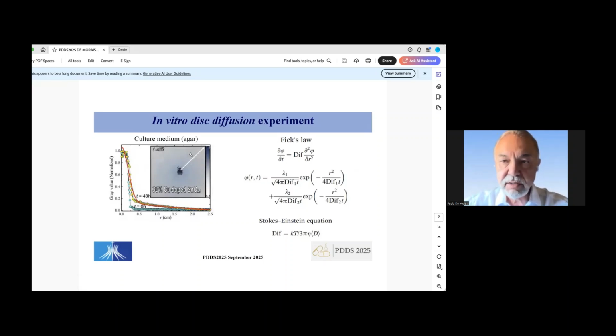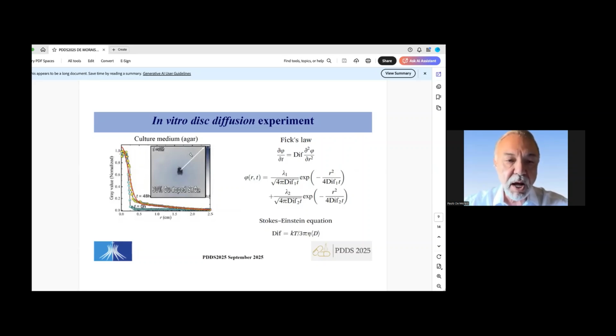And then we studied the diffusion of the copper ion, copper 2+ ion, inside the culture medium. So you see in the center is the copper doped tin oxide sample. And then we can look at the transparency of this culture medium, and that scales with the intensity of the copper, which is diffusing from the center.